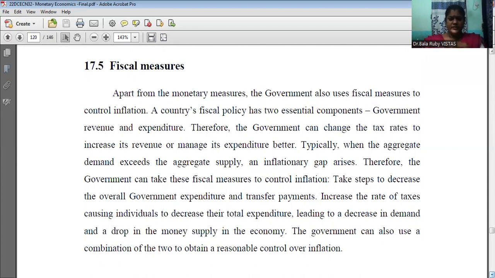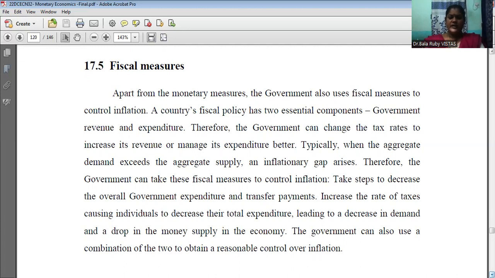Reduce the overall government expenditure and transfer payments. Increase the rate of taxes, causing individuals to decrease their total expenditure, leading to a decrease in demand and a drop in the money supply in the economy.